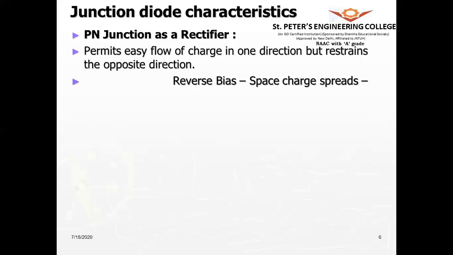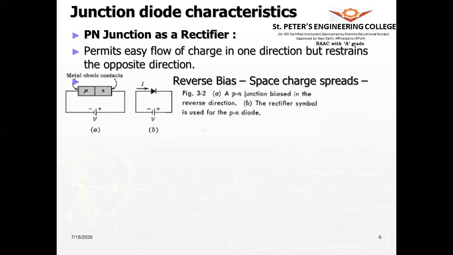When we apply the reverse bias, the space charge spreads deeper into the P and N regions. So this is the P and N type material with reverse bias.